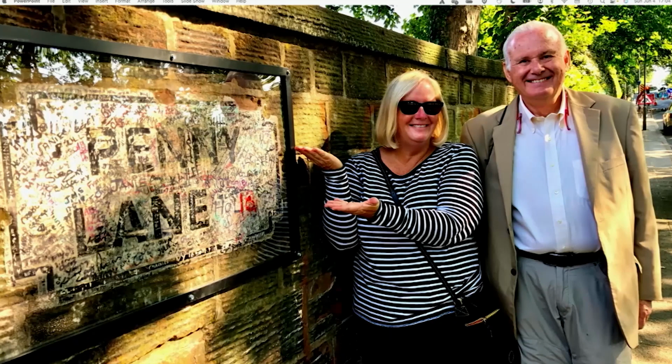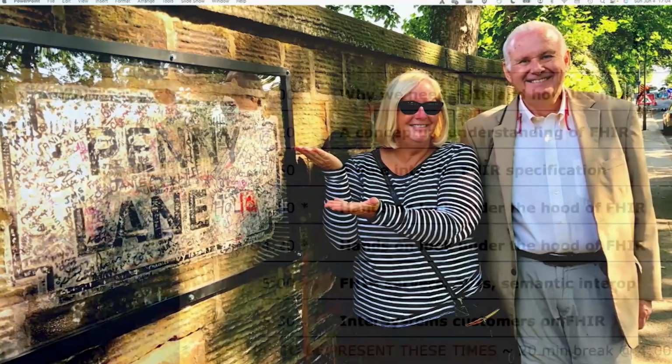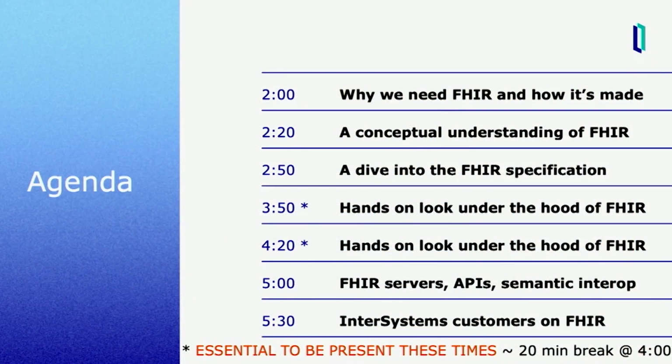And what I would like to do is go over, at a high level, FHIR servers, FHIR APIs, and what the different concepts are, something that I find a lot of people often are not clear on.